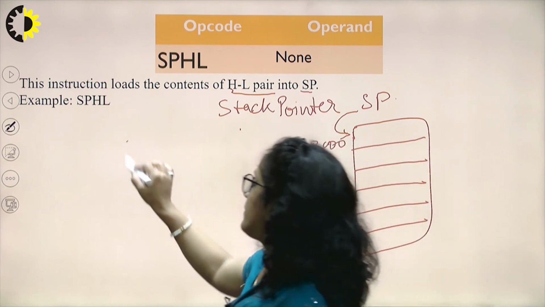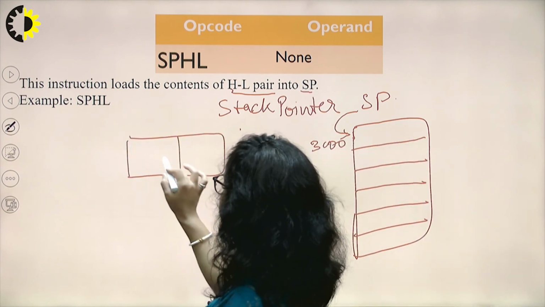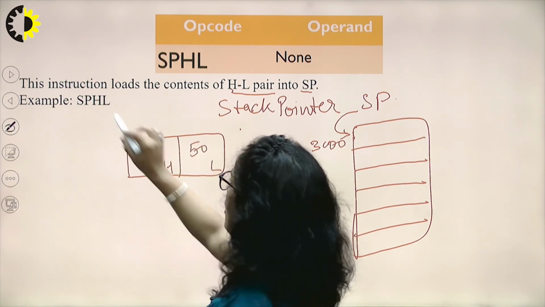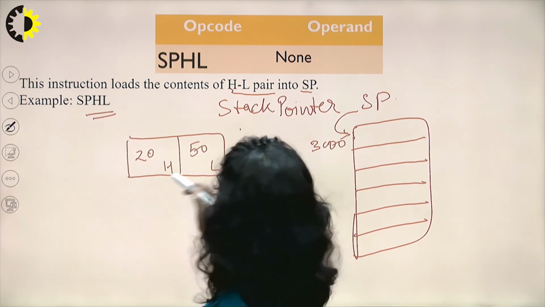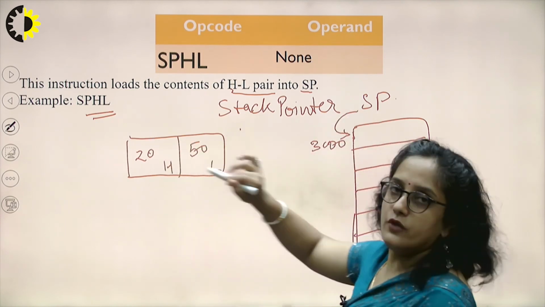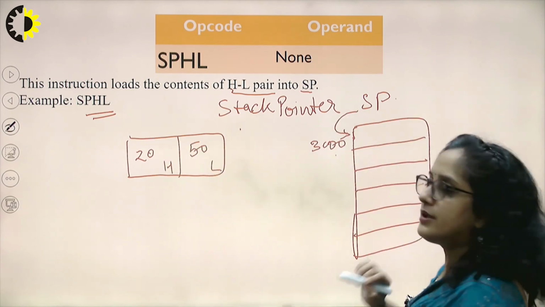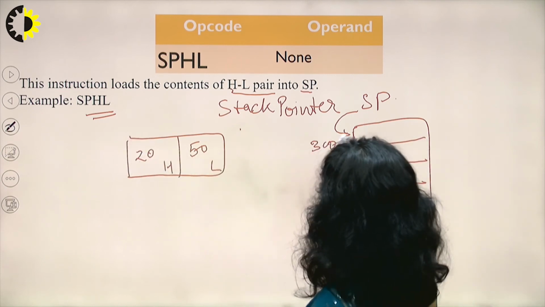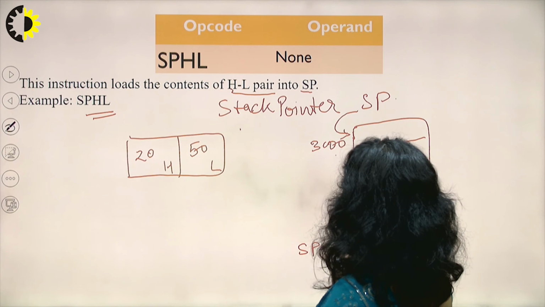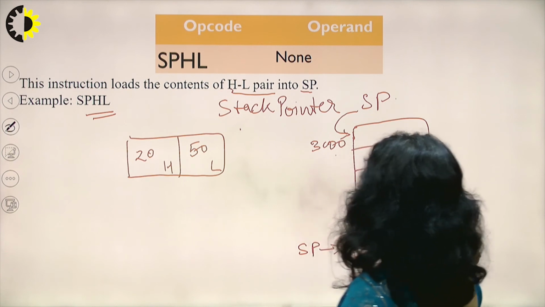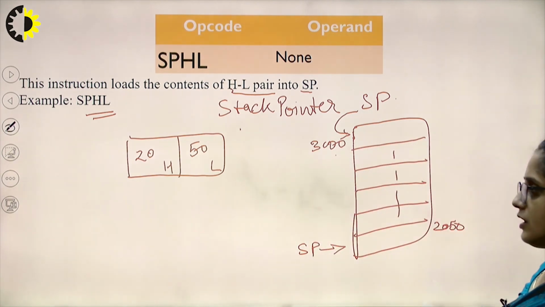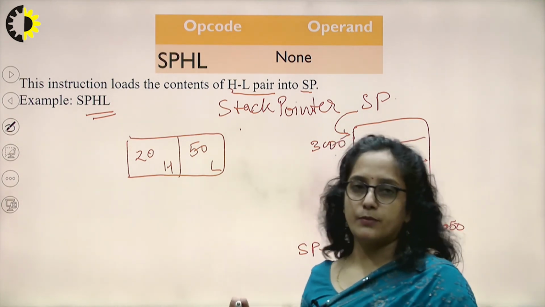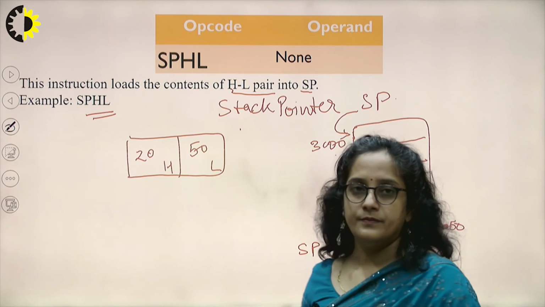Suppose the HL pair has 2050. Before execution of this instruction, SP is pointing to 3000, but after execution, SP will point to location 2050. So you can shift or initialize the stack pointer by using this instruction.